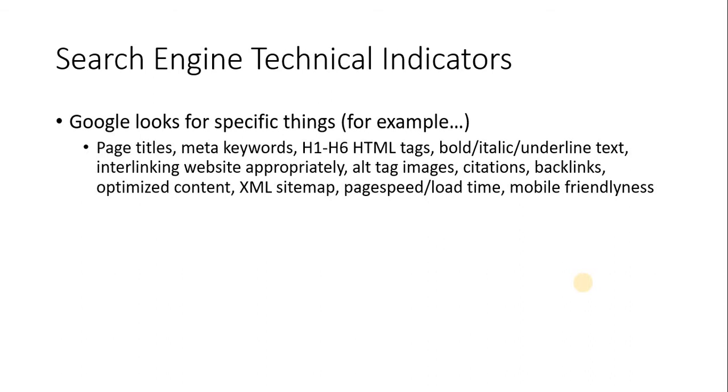So basically how it works is Google sends something called a bot. It's called a Google bot, and they send them to your website, and then the robot actually reads all of the content on your website, right?